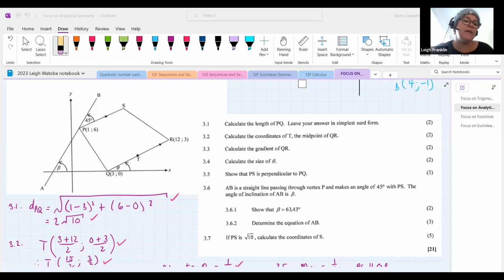But how are you going to get the x-intercept of line AB? The problem here, Teddy, is that we don't have the coordinates at A, and we don't have the coordinates at B. We've only got one point on that line.